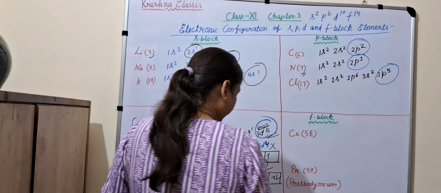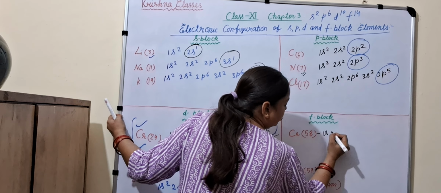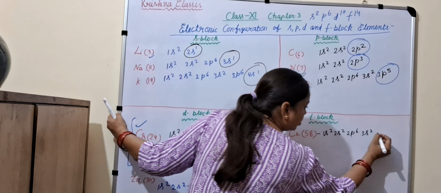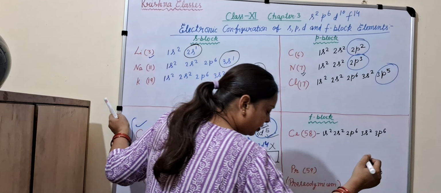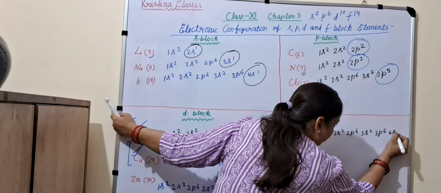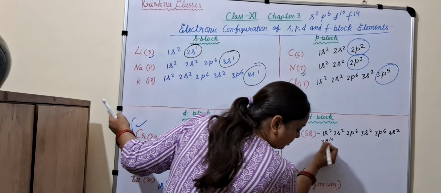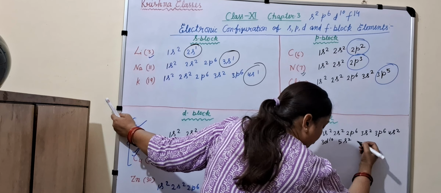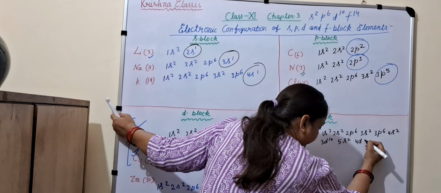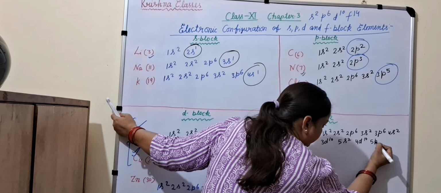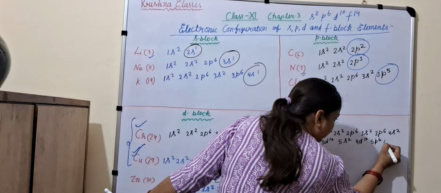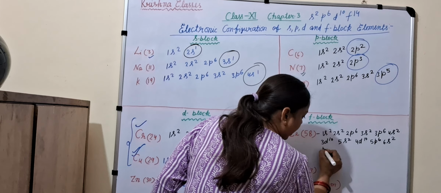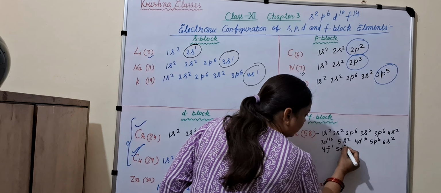Let's start the electronic configuration of cerium: 1s2, 2s2, 2p6, 3s2, 3p6, 4s2, 3d10, 5s2, 4d10, 5p6, 6s2, 4f1, 5d1.